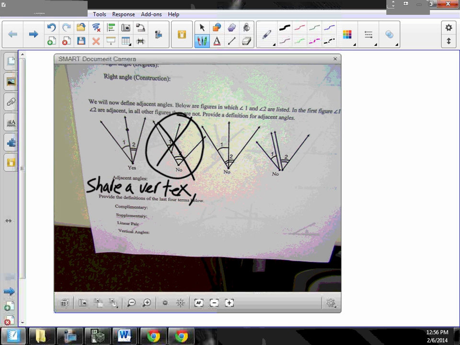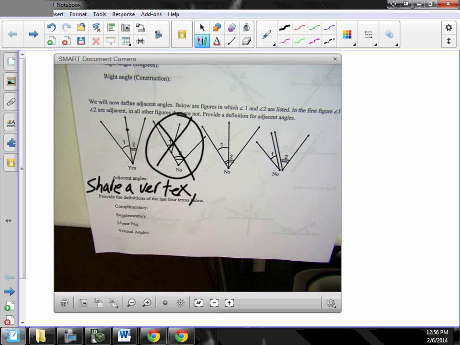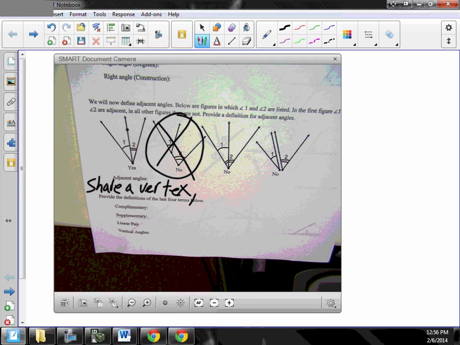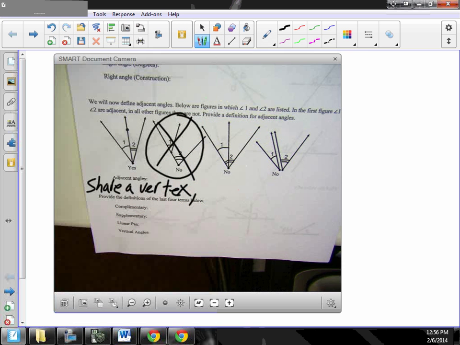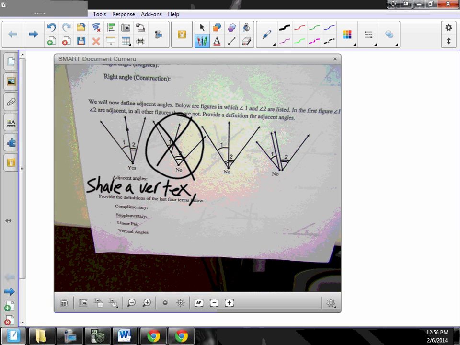What else do they have? So you say share an entire ray? That would work. But what do we call those in angles? Well, what do we call this? I almost said it. What are the rays inside angles actually called? No, what?